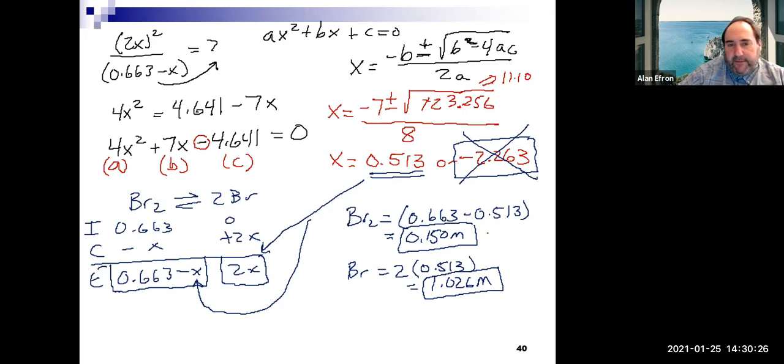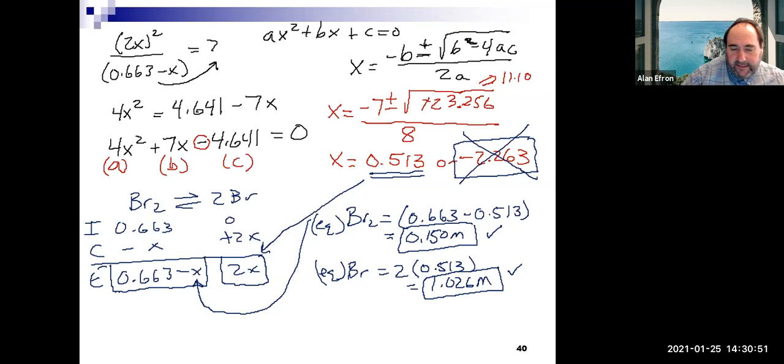And what these would represent is the equilibrium concentrations of both of these. So at equilibrium, we are going to end up with 0.15 molar Br2, and we're going to end up with 1.026 molar Br. And this makes sense based on what we see in our ICE table.